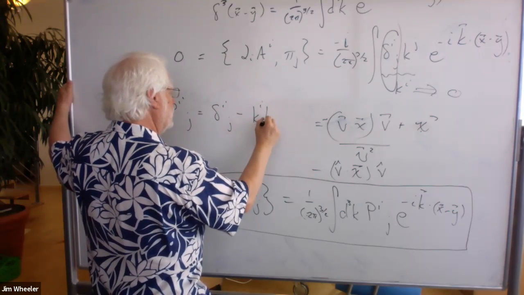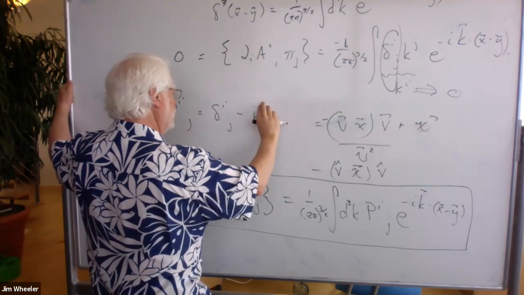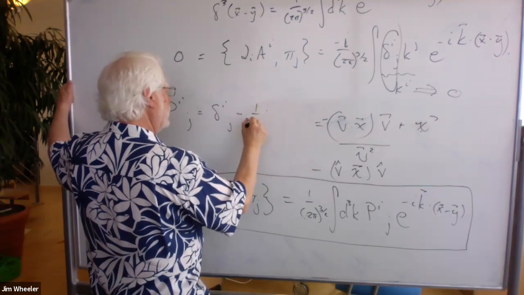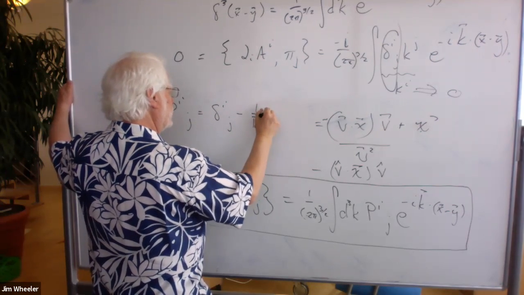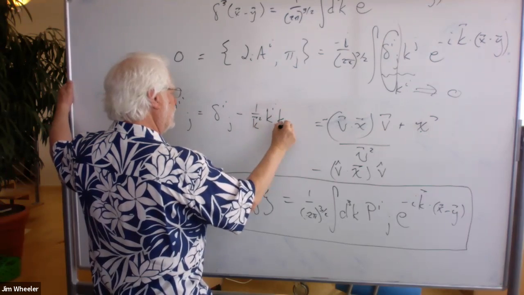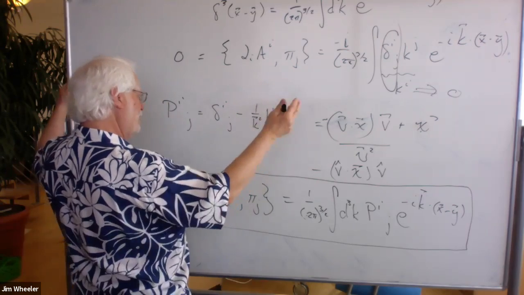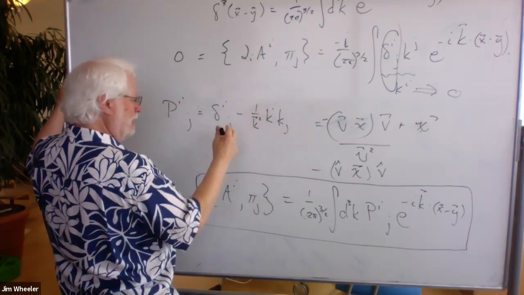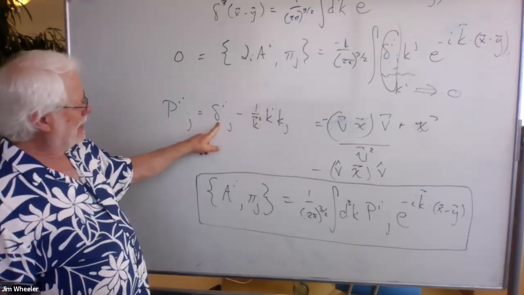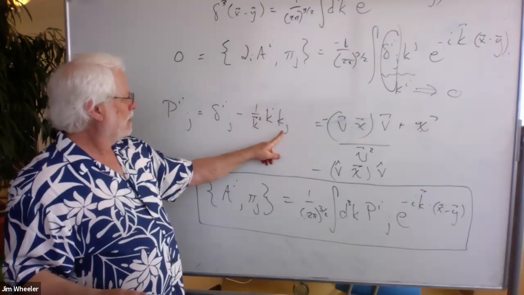k_i k_j, 1 over k squared. And if I hit that with a k, I'm going to get k here. I'm going to get a k squared there.